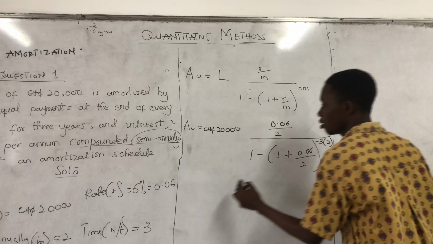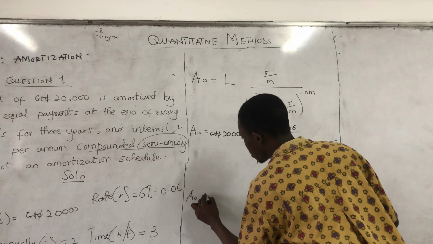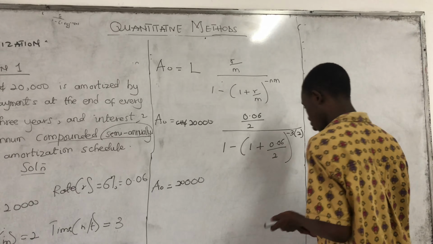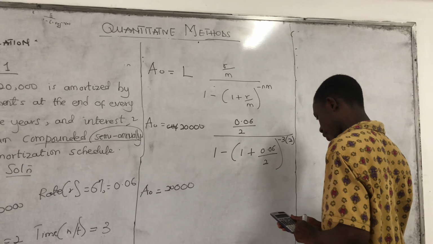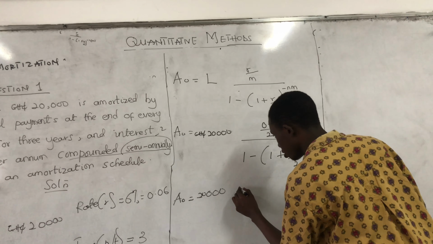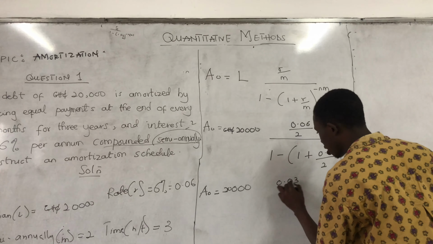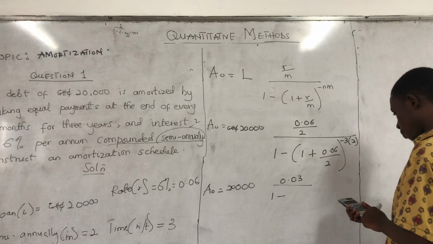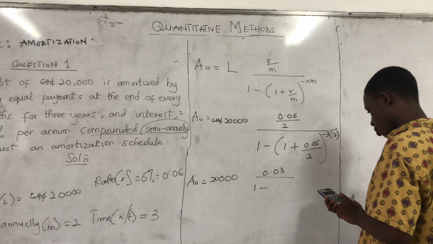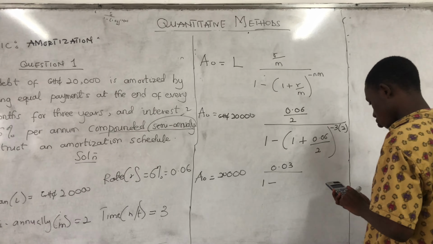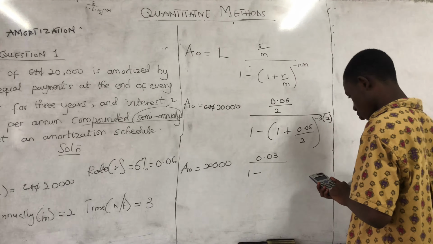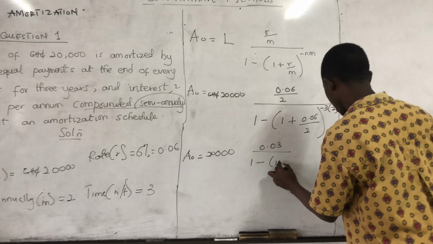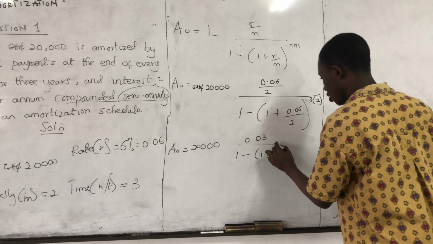So this gives me 20,000 times 0.06 divided by 2, which is 0.03, all over 1 minus, let me do the one in the bracket, 1 plus 0.06 divided by 2, which gives 1.03.